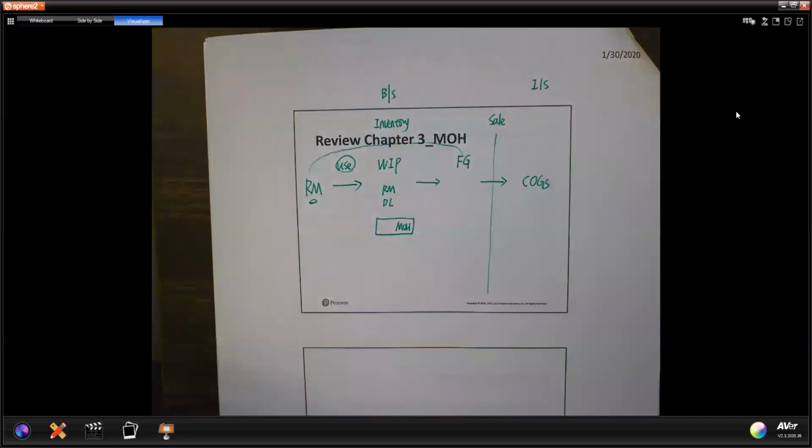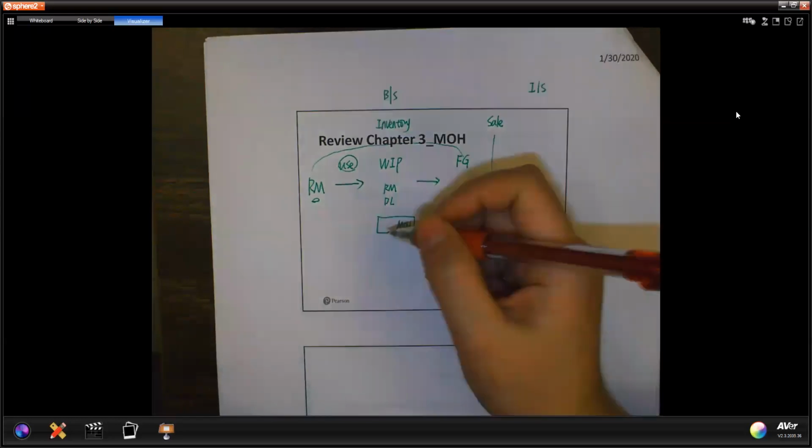We said, hey, how do we find out all the costs? So the next question is, how do we allocate our manufacturing overhead? You cannot know the specific amount, so you have to wait until the end of the job. I know I used direct labor, direct material, or whatever, and based on that, I can allocate my manufacturing overhead.